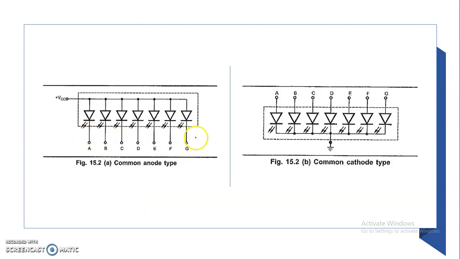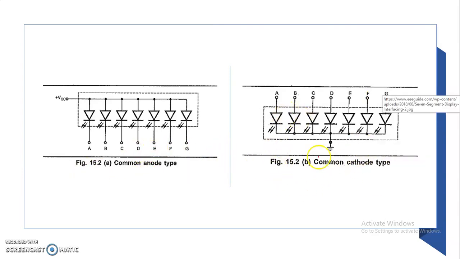Here in common anode type, all the anode terminals, that is, all the 7 LEDs' anode terminals are connected together and given to supply. If you want to light any particular LED, the anode is always given to supply and the cathode has to be connected to ground, which represents 0 volt. So when you want to display any of the segments, you have to give 0 volt to those particular segments.